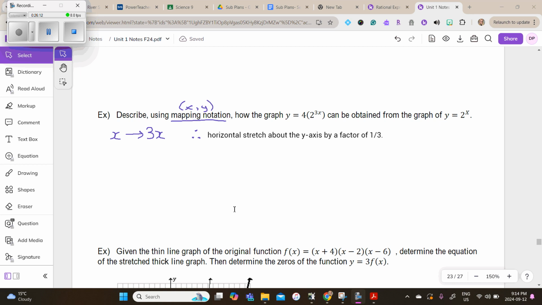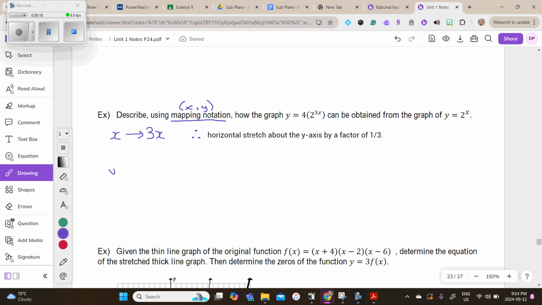However, if I were to divide both sides by 4, we would get y over 4 equals 2 to the power of 3x. That means that y is being mapped to 1 over 4y. That helps us find what kind of stretch is happening.